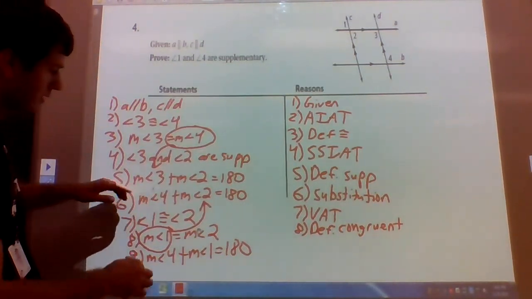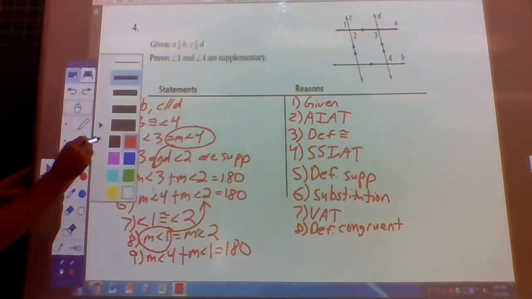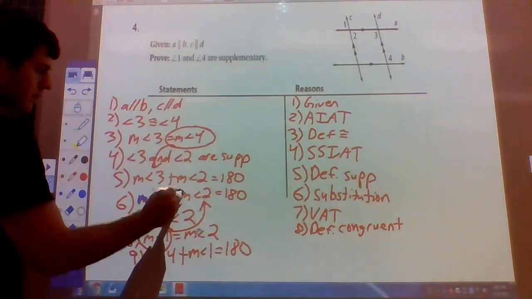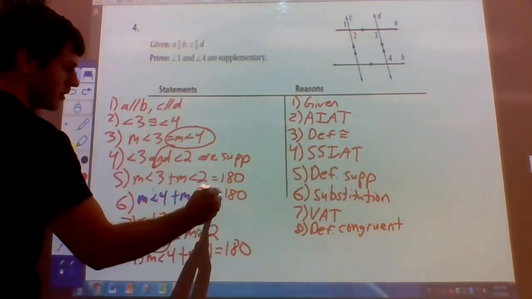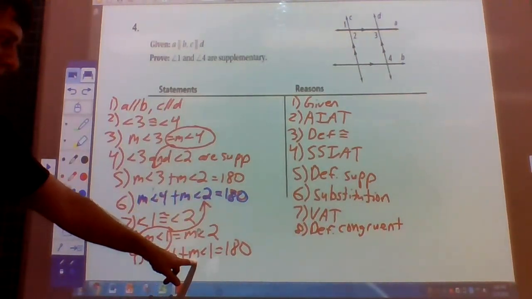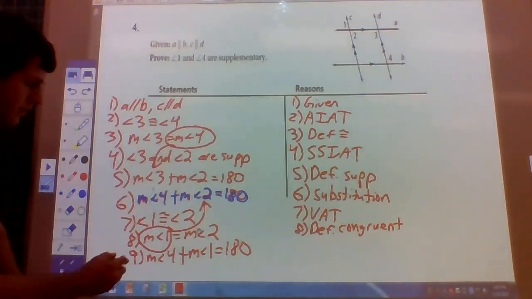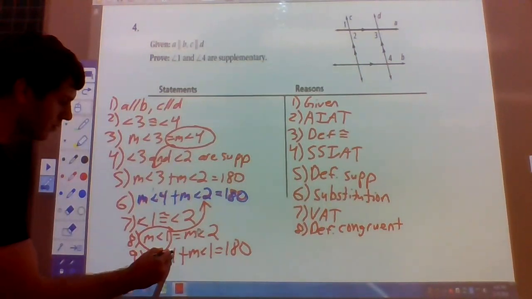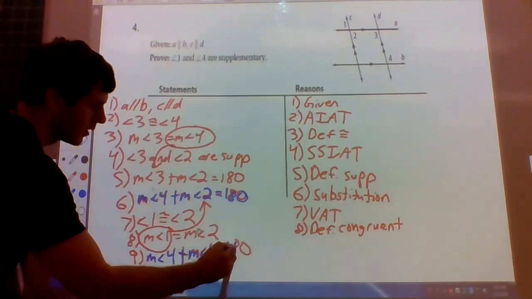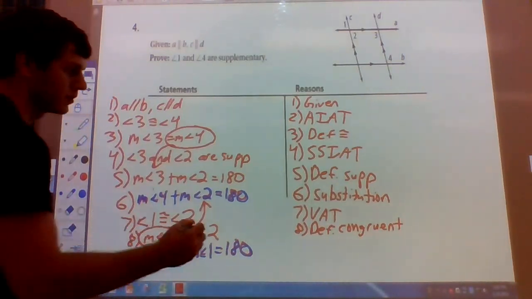Right, so we're replacing in this equation, we're replacing the 2 with the 1. Now we have measure 4 plus. Okay, and that was substitution.